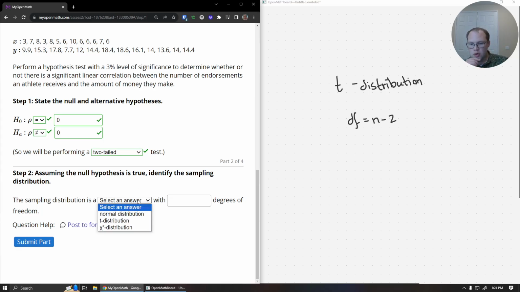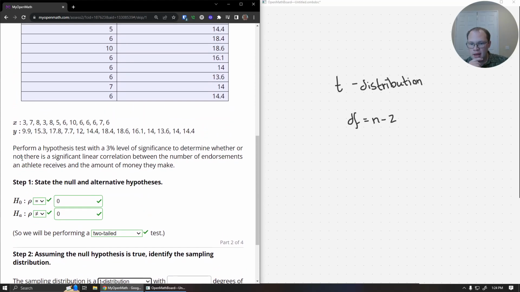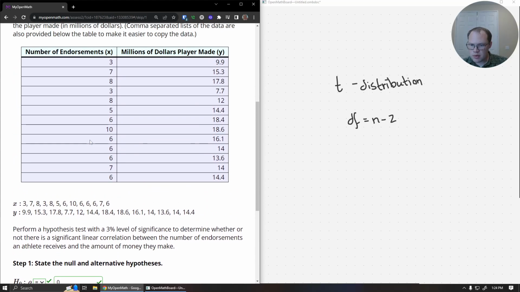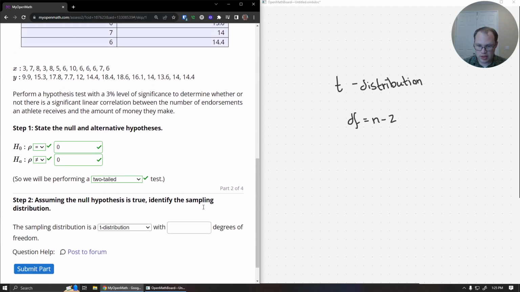Okay, so t-distribution. And let's see, we have data from 13 professional athletes. So 13 XY pairs, which means our n is 13. So 13 minus 2, that's 11 degrees of freedom.